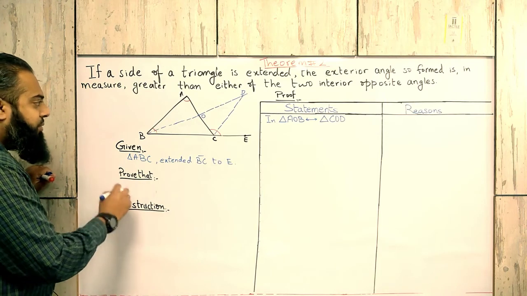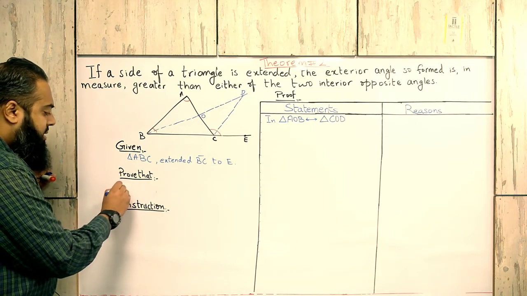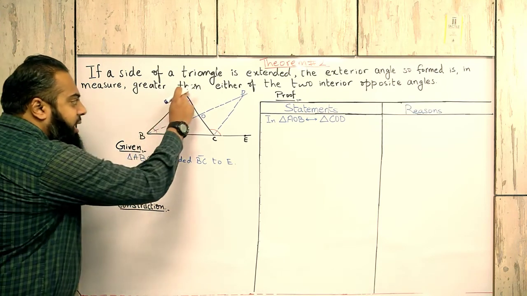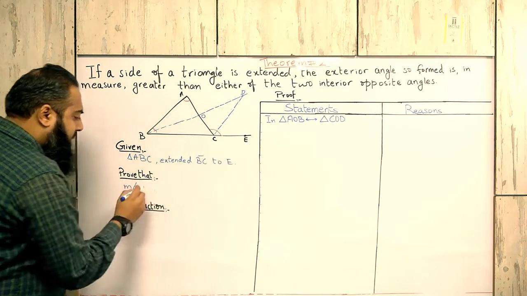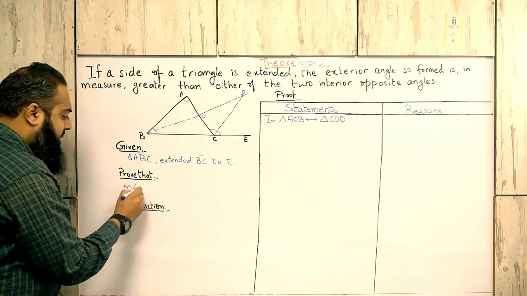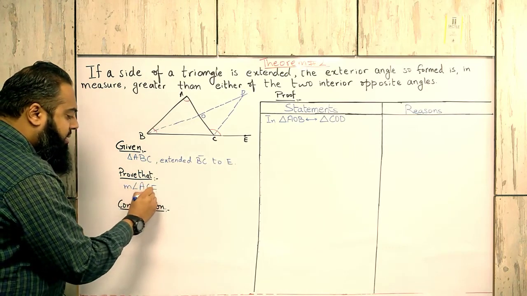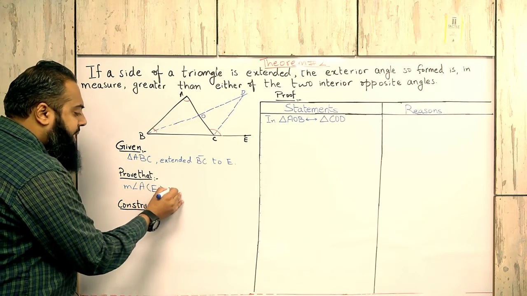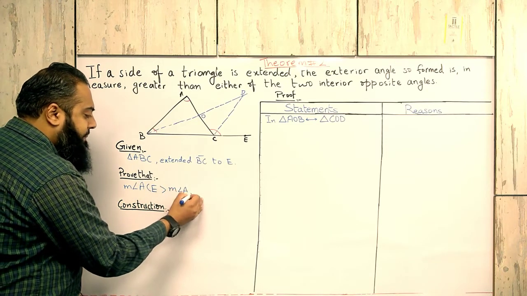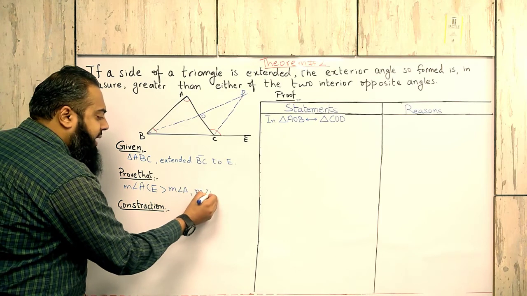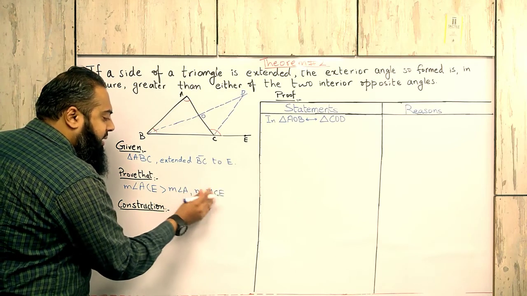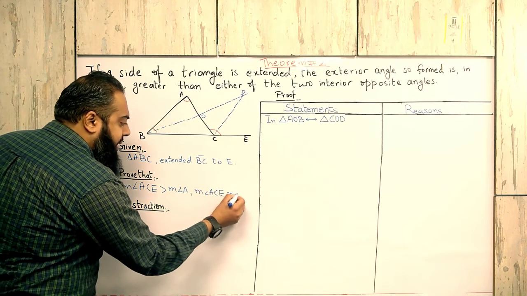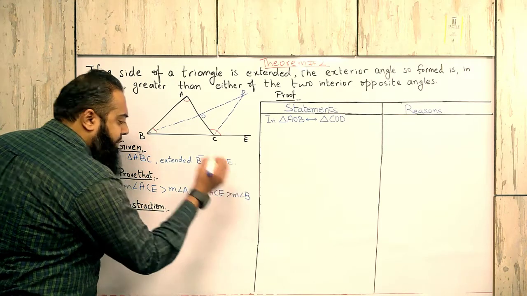We have to prove that the measure of angle ACE, this angle ACE, is greater than measure angle A, and measure angle ACE is greater than measure angle B.